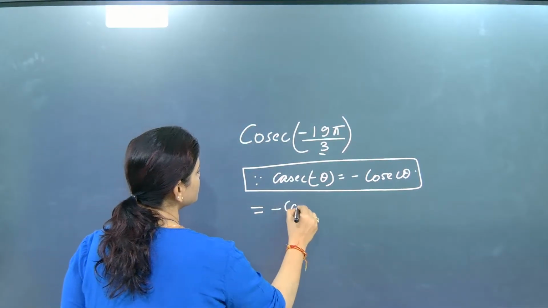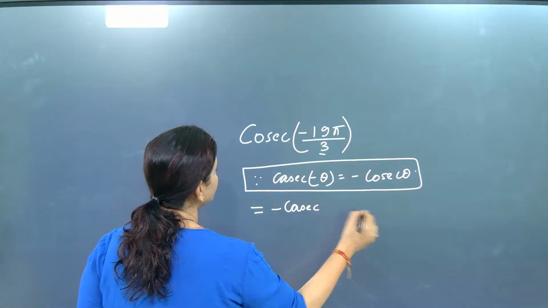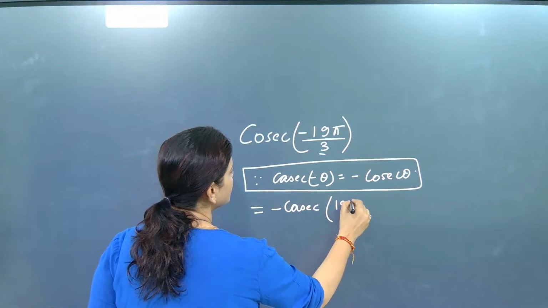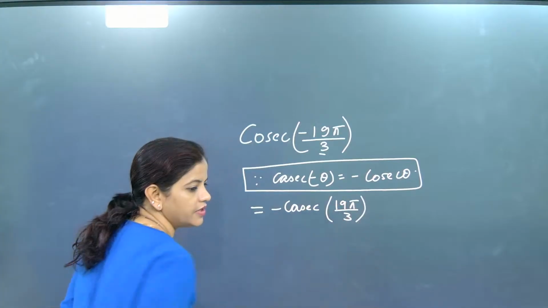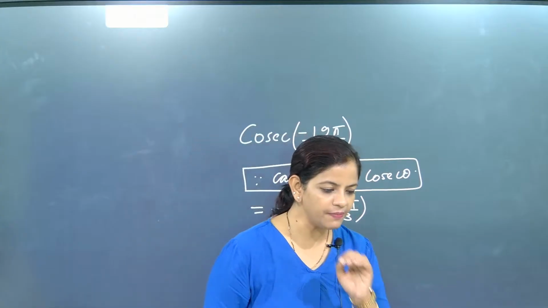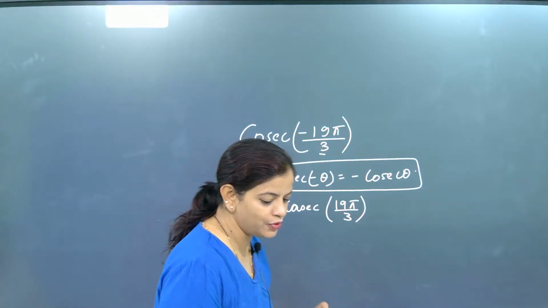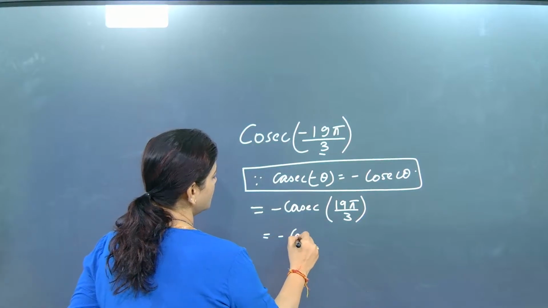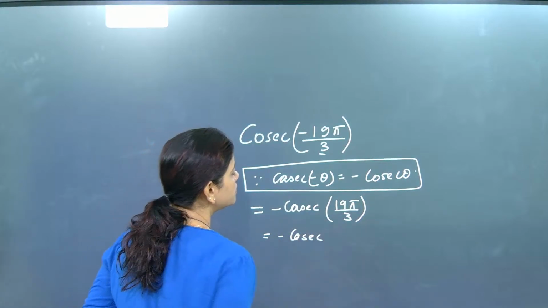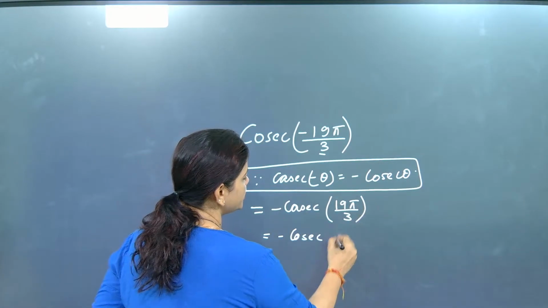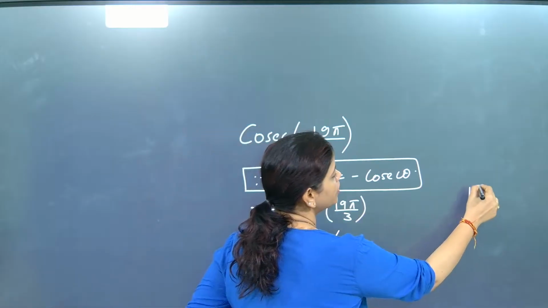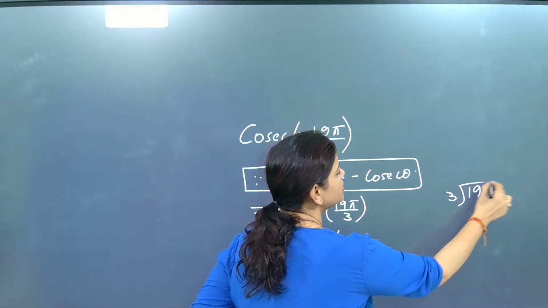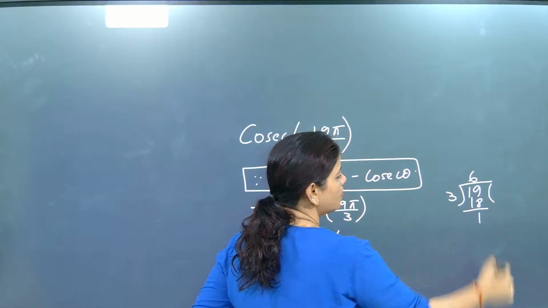First take out cosecant theta. The moment you take out cosecant theta, it is left as 19 pi by 3. What next work do you have to do? Use the 3 table, 3 6s are 18. Shortest method: 3 6s are 18, one left.